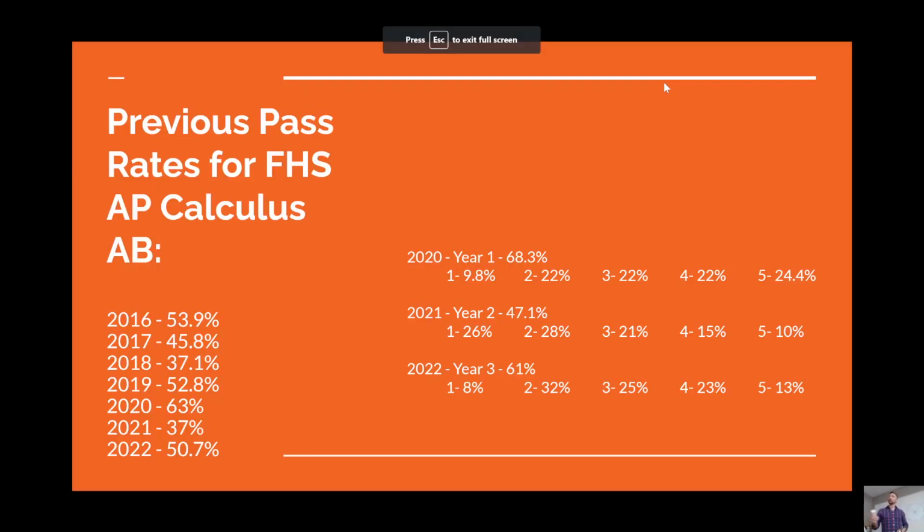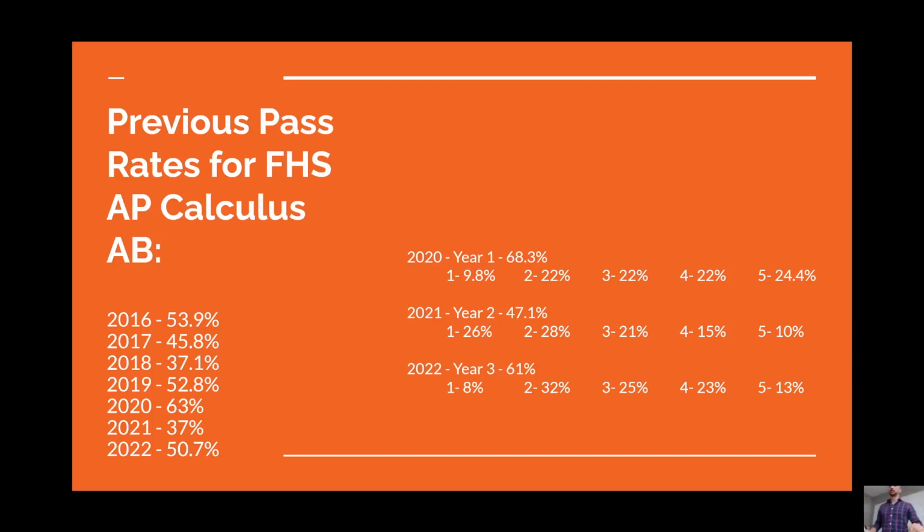Okay, so same slideshow I've been showing you guys. Again, just very quickly, pass rates on the left for Fayetteville High School. My students' pass rates on the right. It's the only ones that I know the breakdown of 1s, 2s, 3s, and 4s. So if you think you're going to a school that only takes 4s and 5s, which is not many, but I know there's a couple, just to give you some breakdown of that.